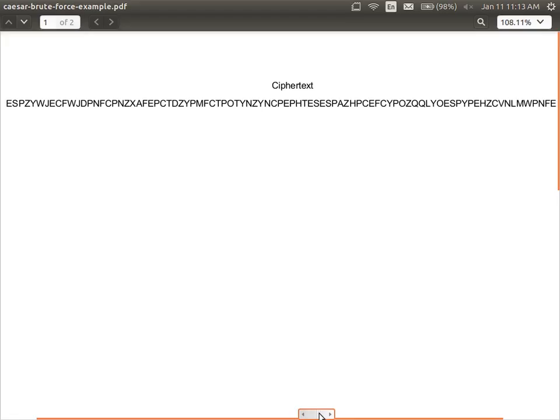Then what I would do as the attacker is decrypt that ciphertext message with every possible key. I can try the keys in order, or I can just try them randomly. Assuming the users chose a key randomly, it's sufficient that I choose either randomly or in order. I will not do it on paper, I just have some software that will do it for us.